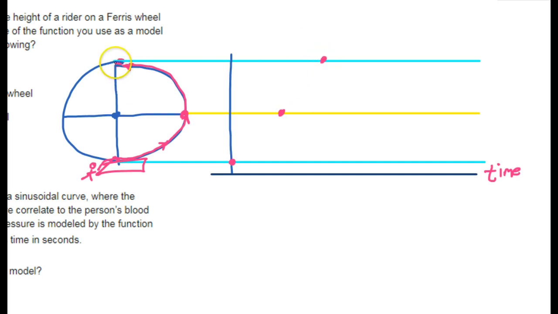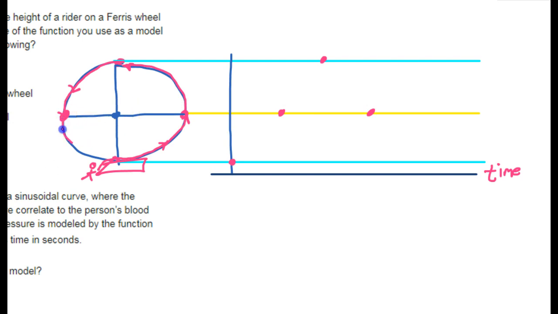But then after that I begin to fall. As I continue to turn, I'm going down now. And eventually I'm going to get to this spot right here, which is right here in the middle. You can see it's matching the wheel. I'm right at the middle.